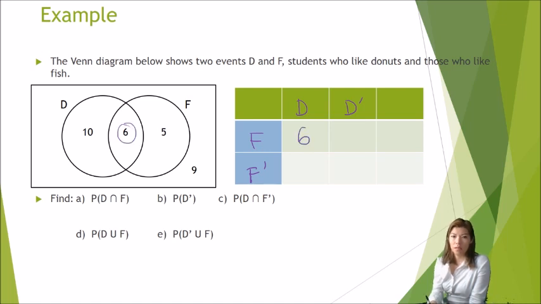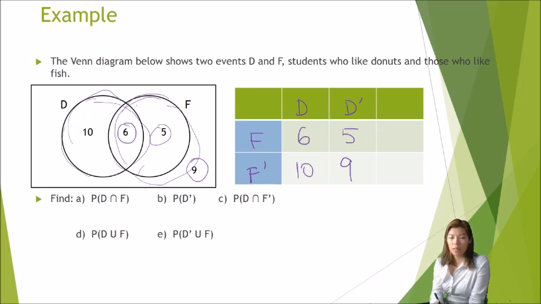The intersect of F and not D, so not D means outside of this circle, and F is inside of this circle, so we have 5. Now we look at not F, so outside of this circle here, but inside D, so that's 10. And we know that not F and not D is the outside number, 9.